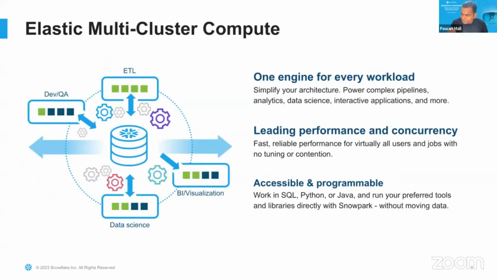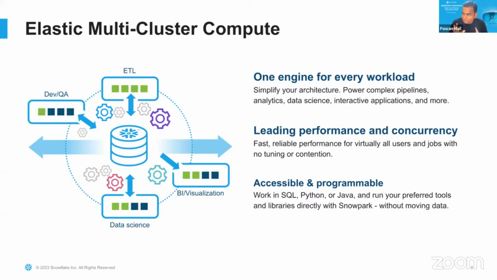Coming to the second layer, which is the Elastic Cloud Compute. It's one single engine for any kind of workload. You see this traditional problem when you load data and at the same time have different workloads running. For example, you are ingesting data and also reading data out, for business intelligence reports, or you are running some data science activity on top of it.